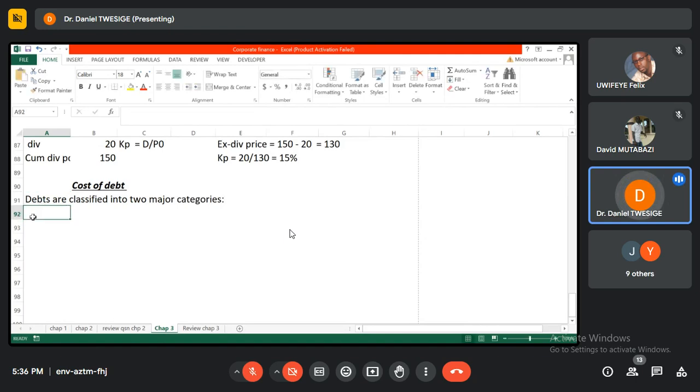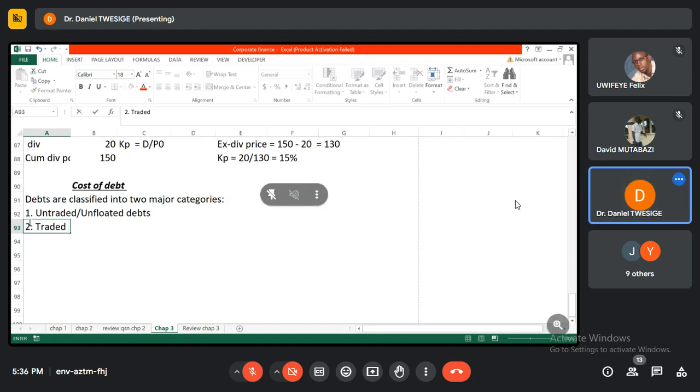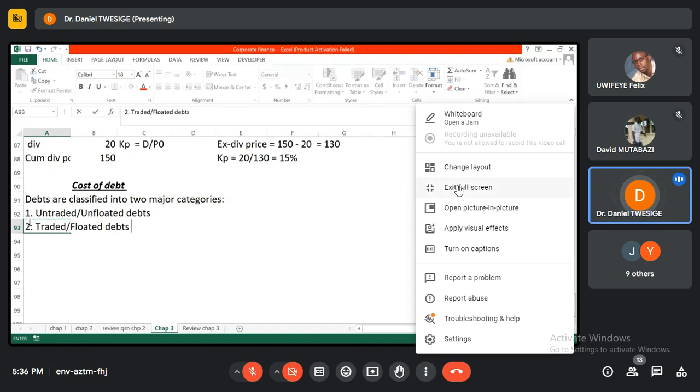Now we have number one, untraded debt, sometimes called unfloated debts. And number two, we have the traded or the floated debts. These are the two major categories of debts.